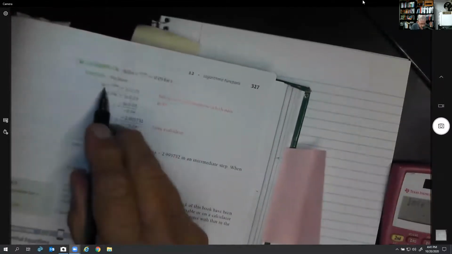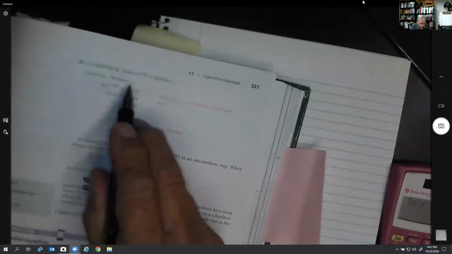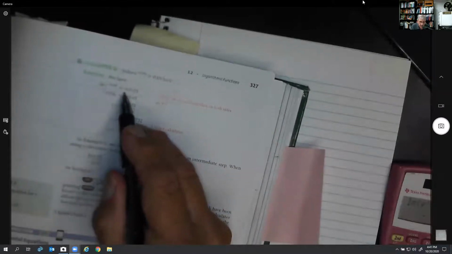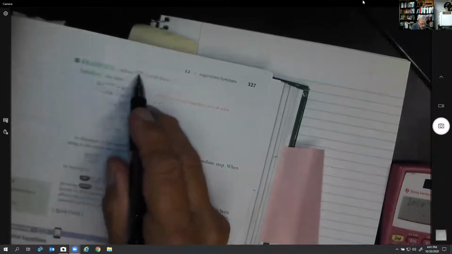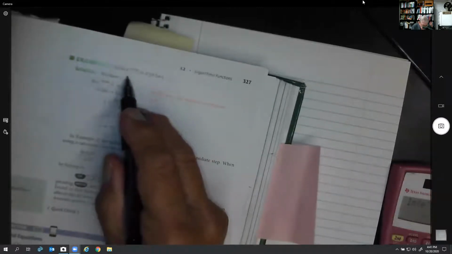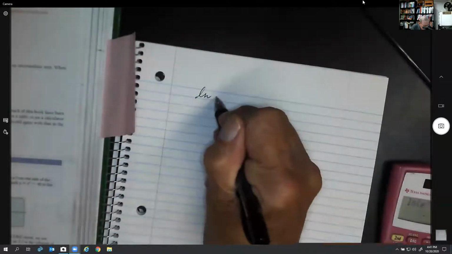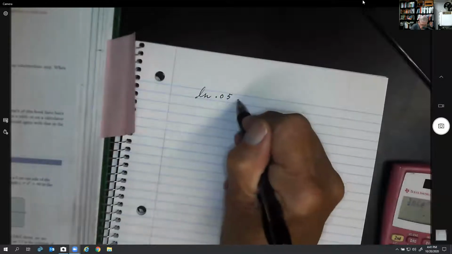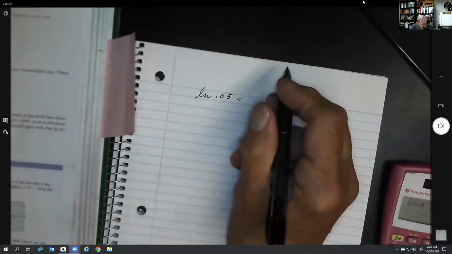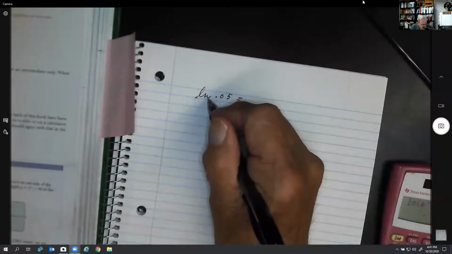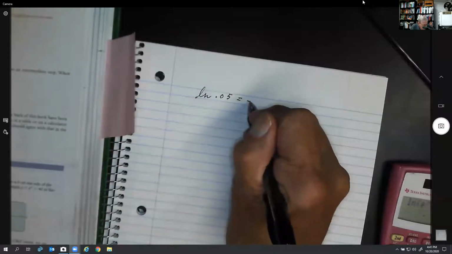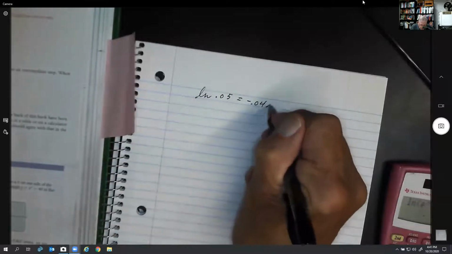On this one, they took the natural log of both sides, and then they canceled out the natural log. You could also convert that. You can just drop. This would be ln 0.05. Let's write it this way: ln 0.05 equals, drop the base e, and then switch, negative 0.04t.